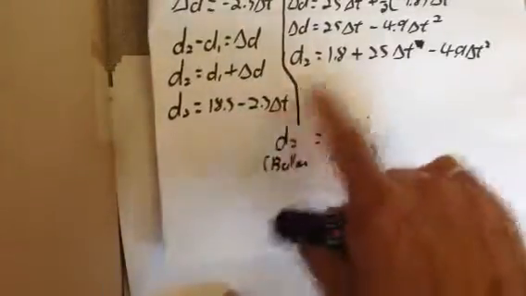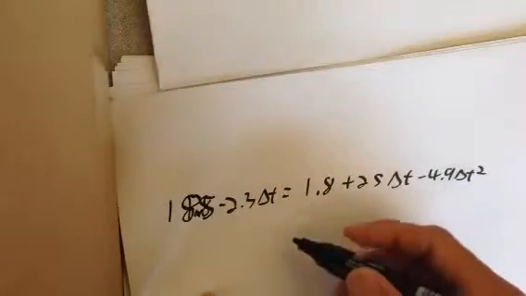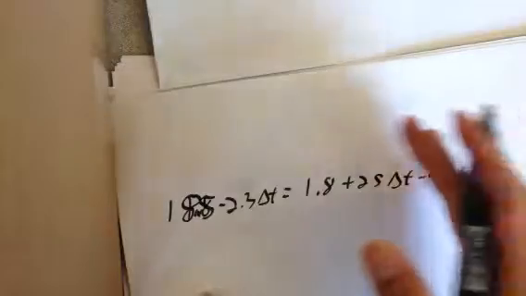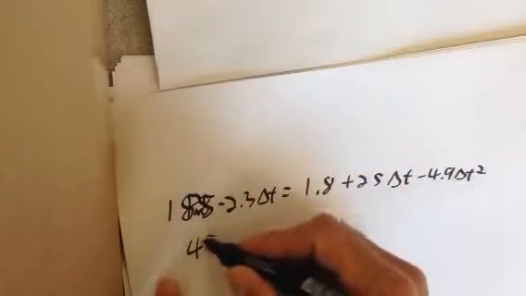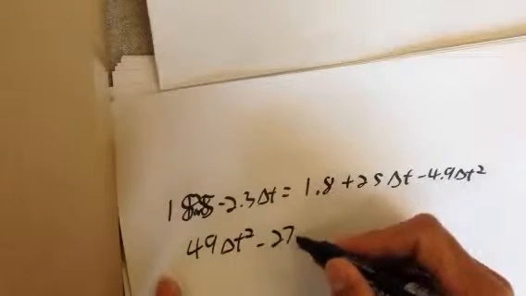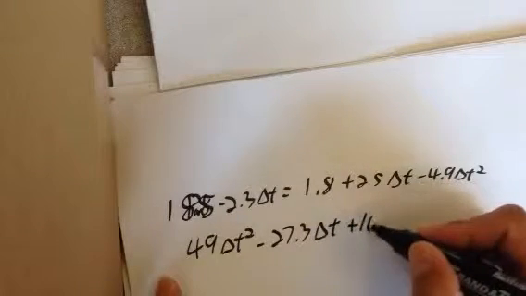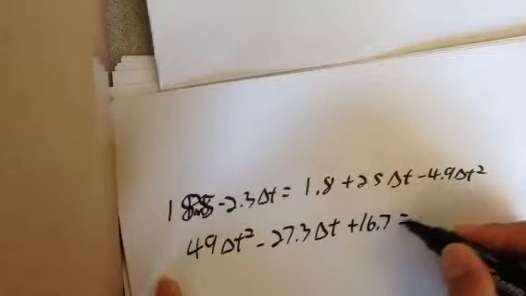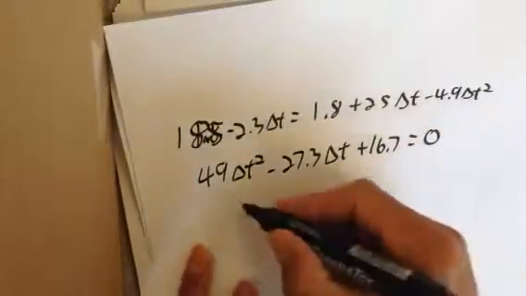Now rearranging things, we'll bring all numbers and letters to one side and just put 0 on the other. And then we can send this to the quadratic formula.